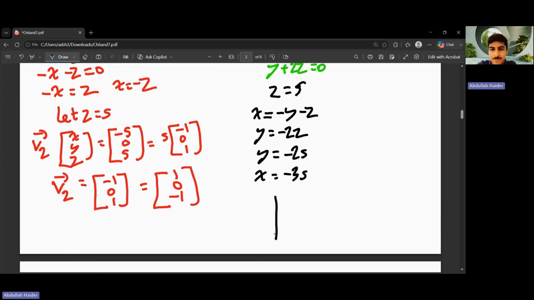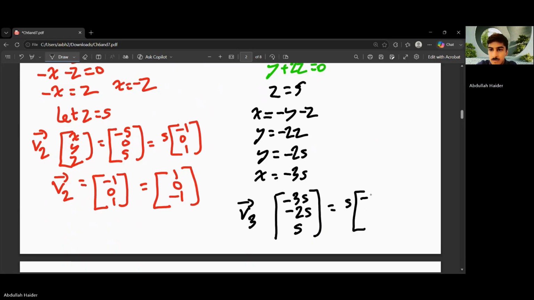So now you can write V3. This is a really long question, I know, but there's nothing we can do about it. Minus 3s, minus 2s, and we have z like this. So s times minus 3, minus 2, 1.